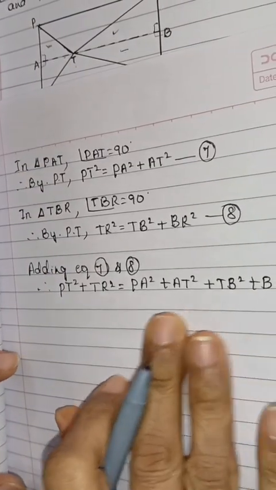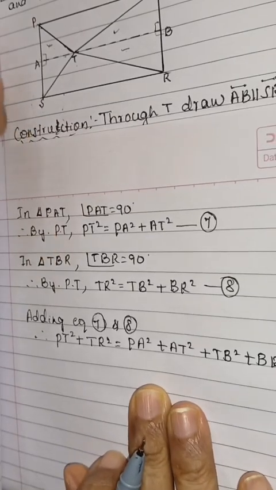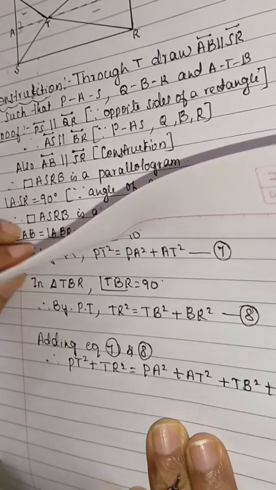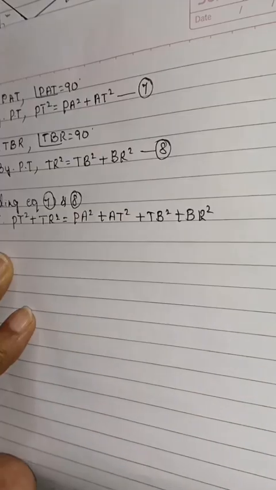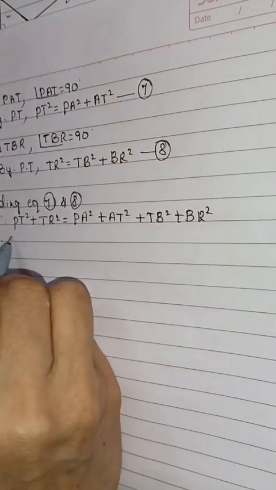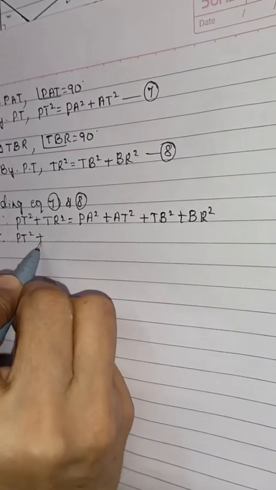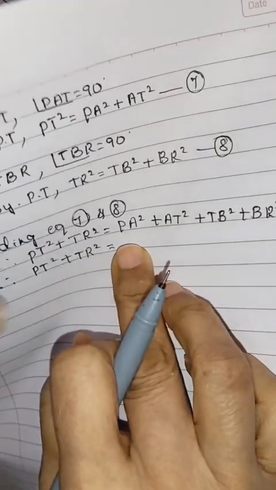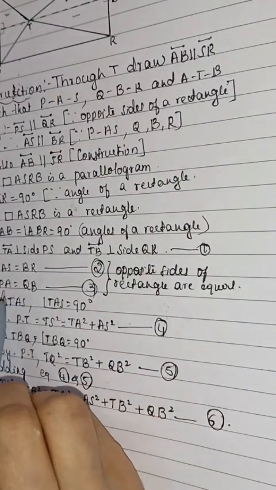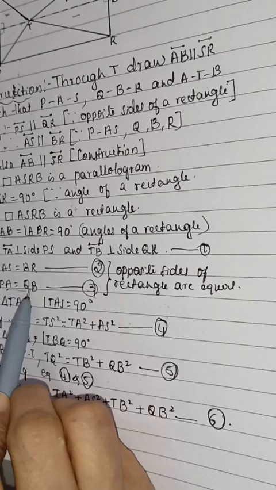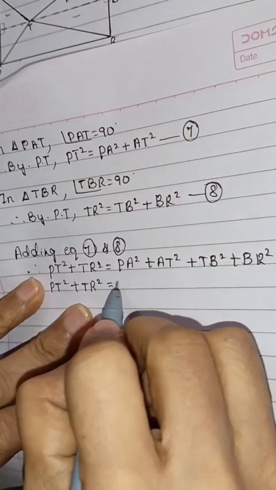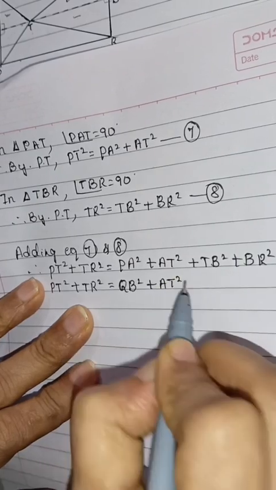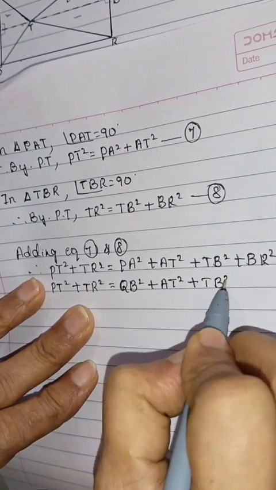Now we have to substitute. Therefore PT square plus TR square equal to, here PA is QB, right, QB square plus AT square plus TB square plus BR square.